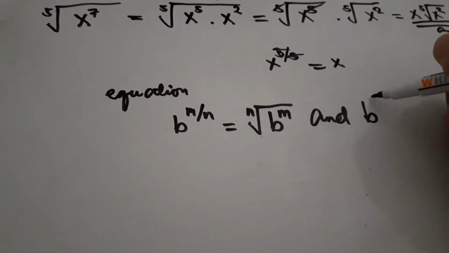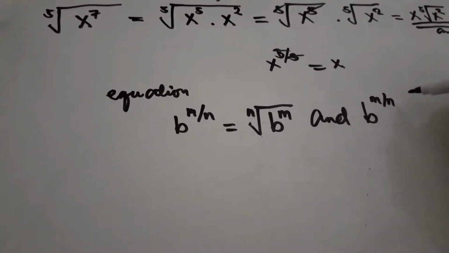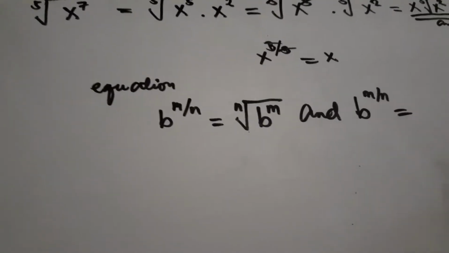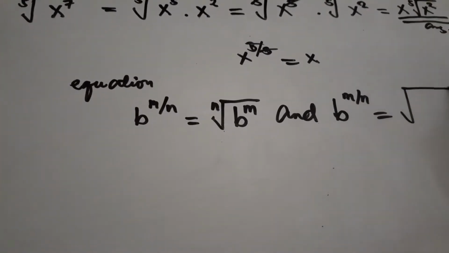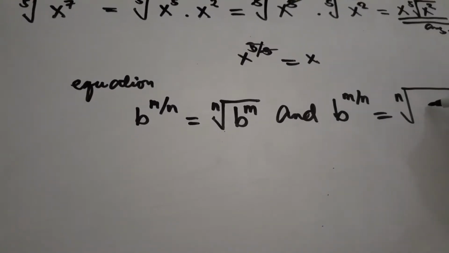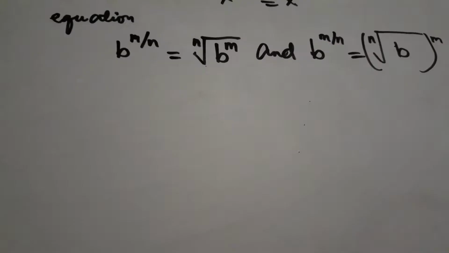For example, b raised to the power of m over n is equal to the quantity of the nth root of b raised to the power of m.